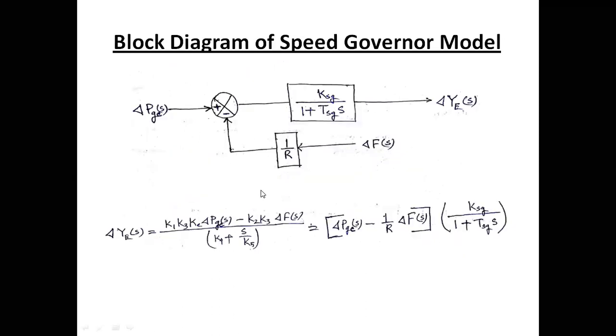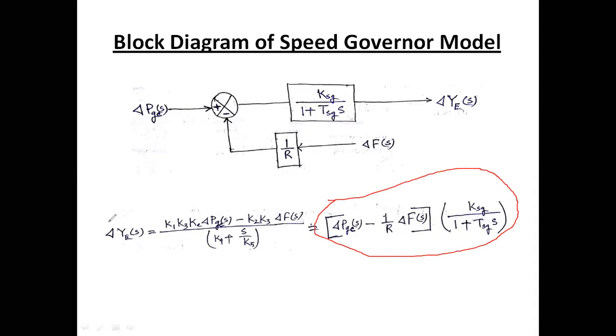Now from this expression, you have to find out the block diagram. Now del YES is taken as the output. del PGC is one input taken, and del FS with minus 1 by R is taken in the feedback part.